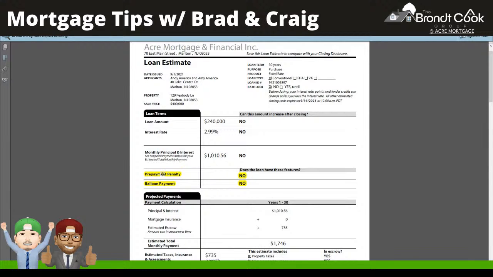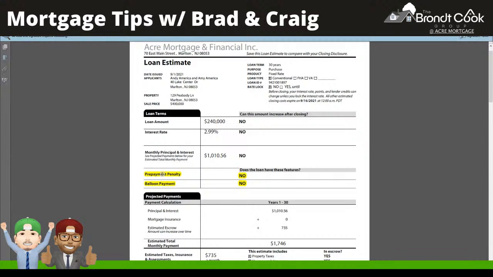So it's as if you're paying a principal and interest payment for 30 years, but the remaining balance of the loan was due in 15 years. I don't think anybody wants to deal with figuring out, 15 years from now, how to pay a large amount of money they owe. The good thing is, for conventional, FHA, VA, and USDA, there are no balloon payments, so you don't have to worry about that negative feature.